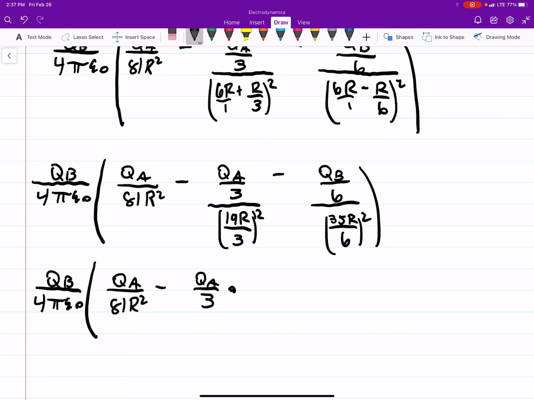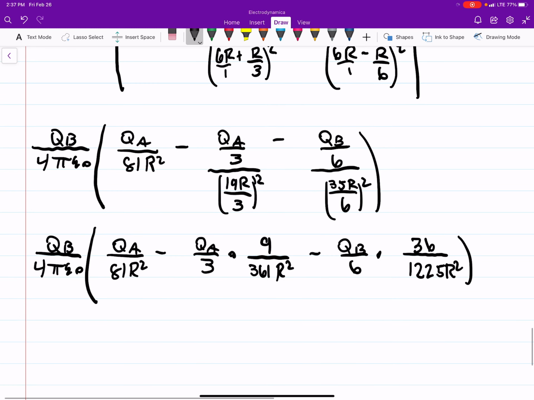So we're going to get 3 squared is 9. 19 squared is 361 r squared, minus QB over 6 times 36 over 1225 r squared. So I just flipped and squared.